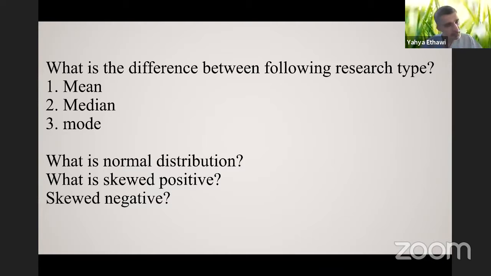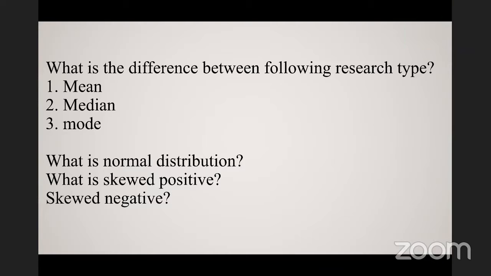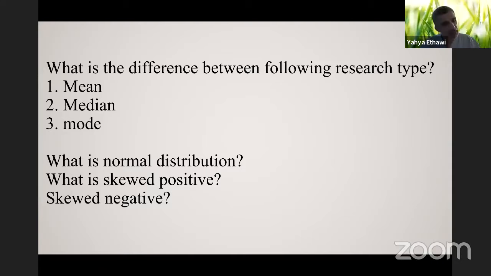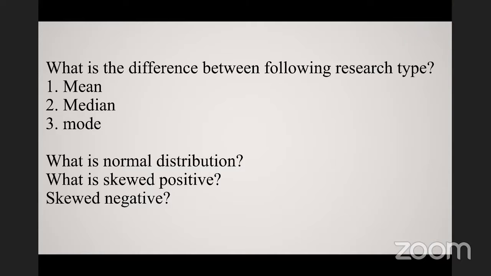The first one, mean, is the summation of the values. So it is the average. It's the average of the data. Yes. Okay, median. The median is the value in the middle.